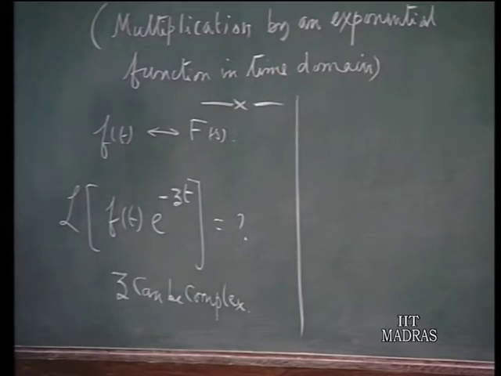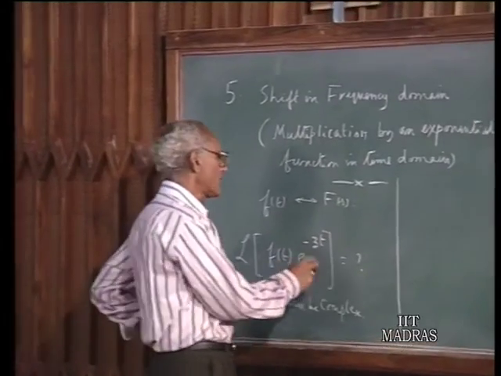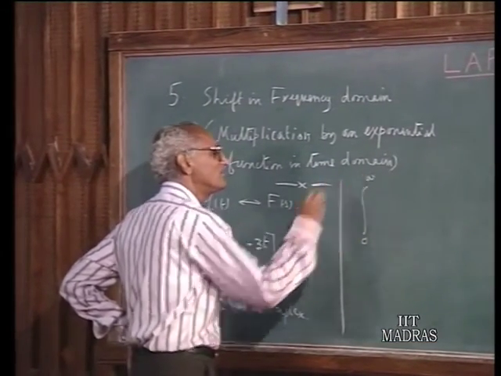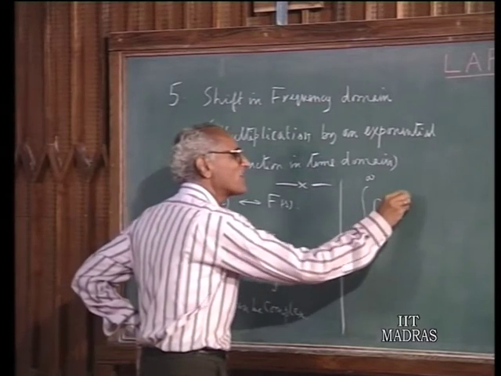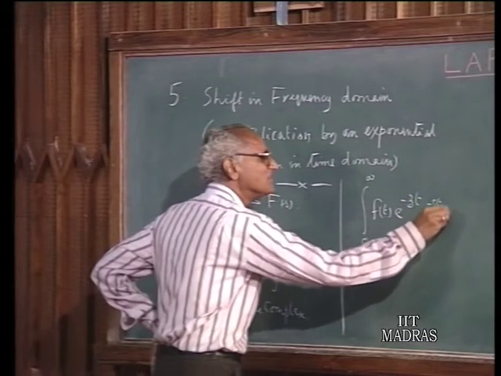Using the formula for the Laplace transform of a time function, this particular Laplace transform would be the integral from 0 to infinity of f of t e to the power of minus z t e to the power of minus s t dt.